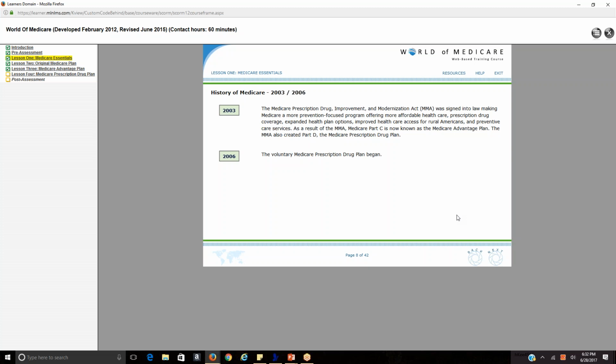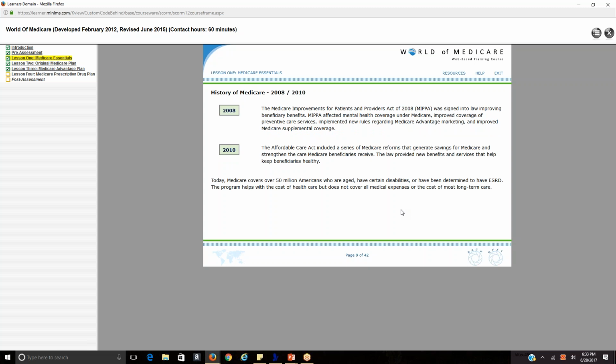As a result of the MMA, Medicare Part C is now known as the Medicare Advantage Plan, and the MMA also created Medicare Part D, which is the Medicare Prescription Drug Plan. So Medicare patients were not able to have their drugs paid for under Medicare Part B until 2003. And in 2006, the voluntary Medicare Prescription Drug Plan formally began.